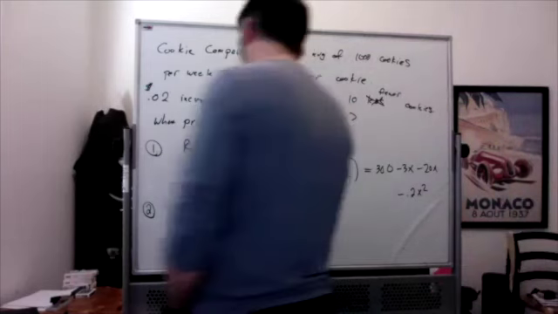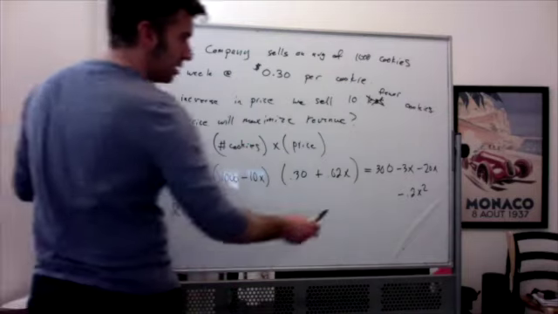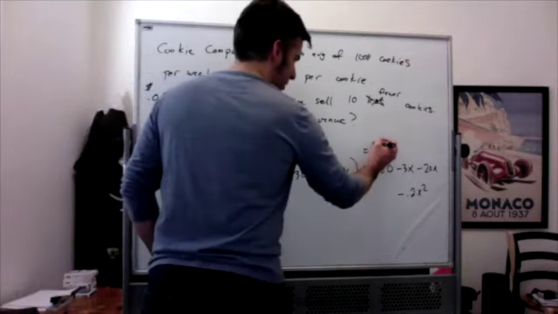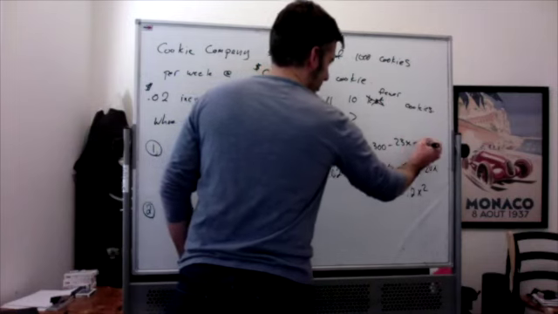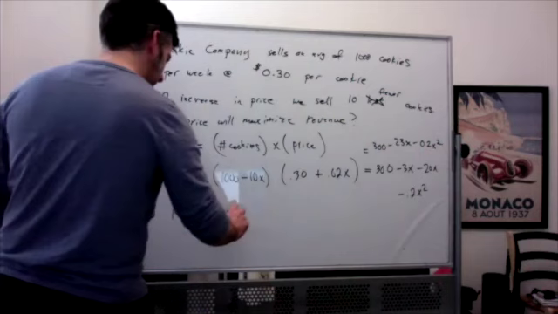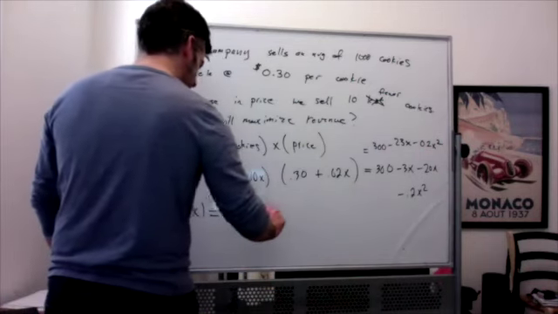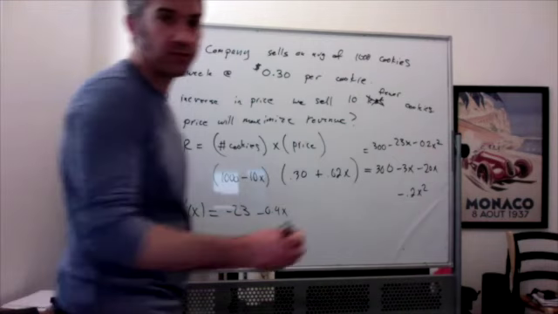So we're going to take the derivative, which is going to be, I should probably simplify this a tiny bit, 300 minus 23x minus 0.2x squared. The derivative is going to be minus 23 minus 0.4x. And we're going to set that equal to 0.